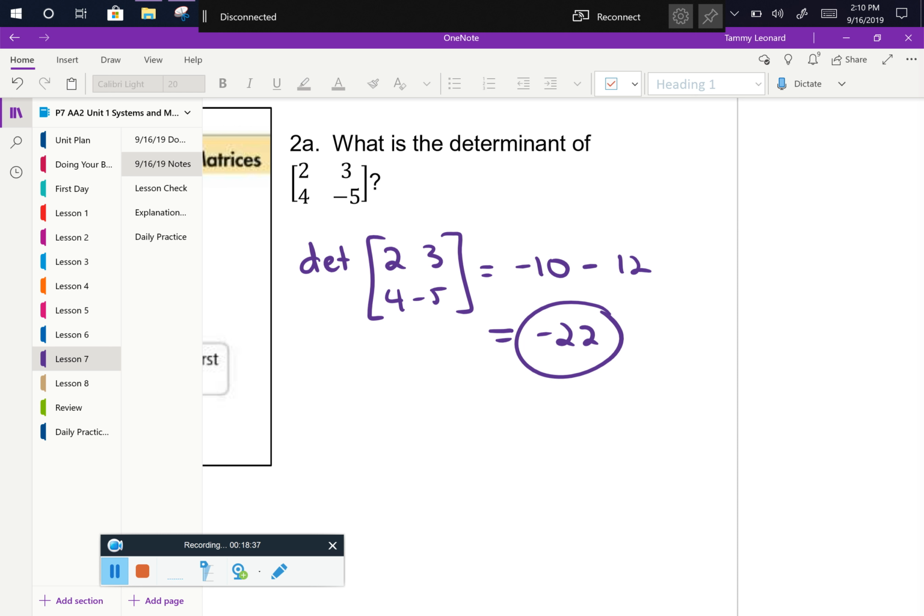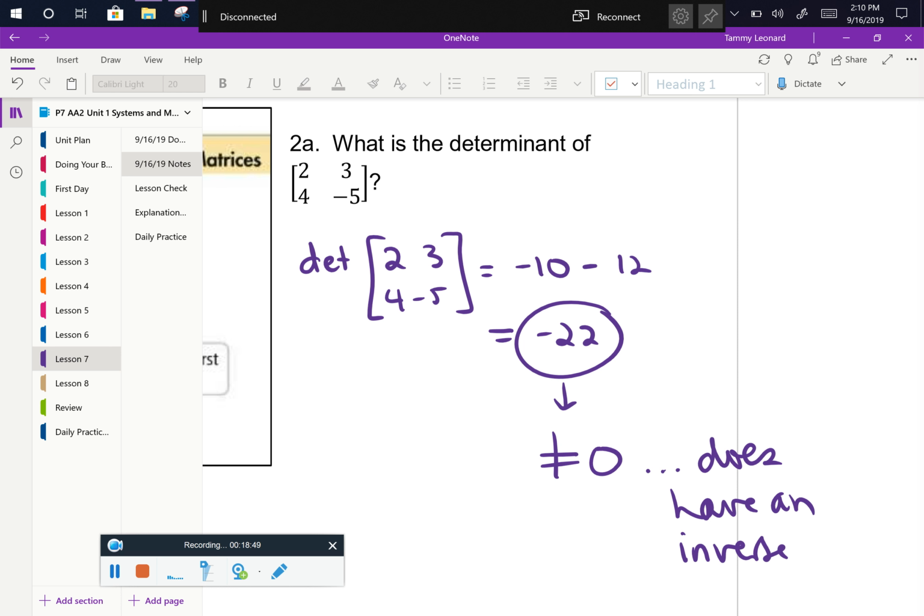And then when it's a square matrix, we have to calculate the determinant. And as long as this is not equal to 0, it does have an inverse. If I calculate a determinant and I get 0, I don't need to do anything else trying to calculate an inverse because it doesn't exist. Are we okay? Yes? All right.